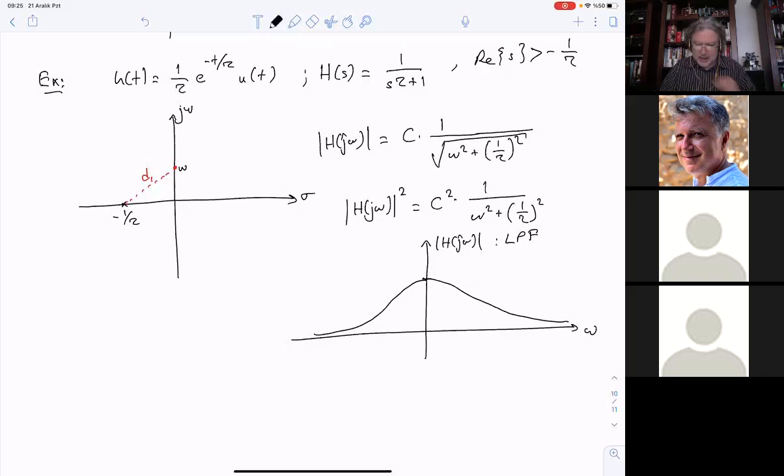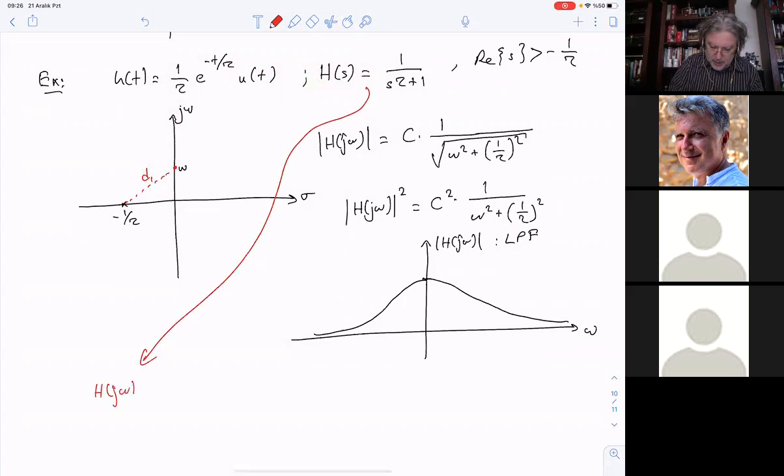But what is the peak value of this low-pass filter? The peak value is when omega is equal to 0. And let's come back to this expression, 1 over s tau plus 1. From here, let's make this substitution.